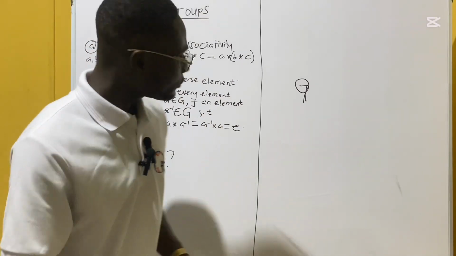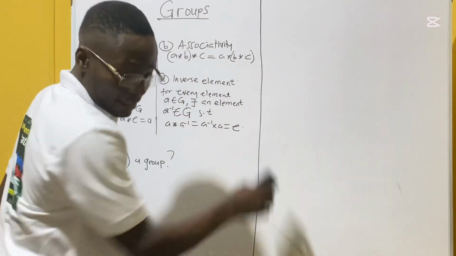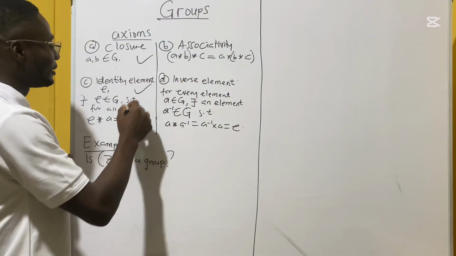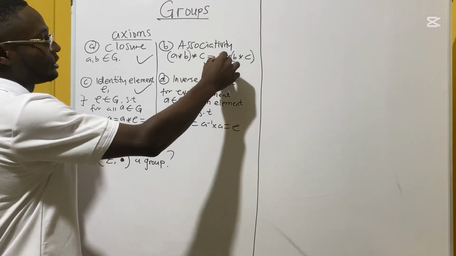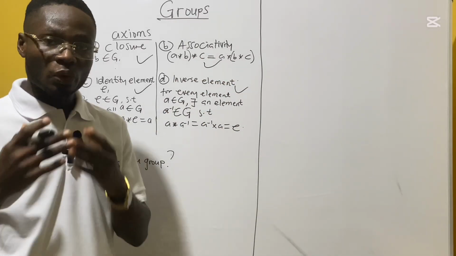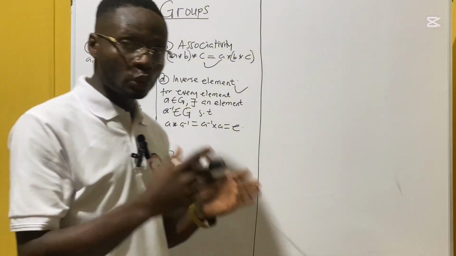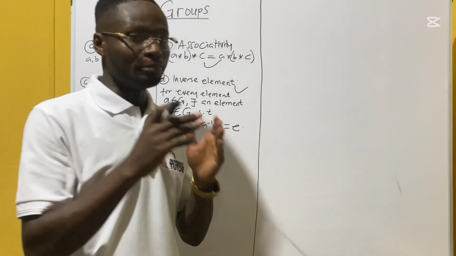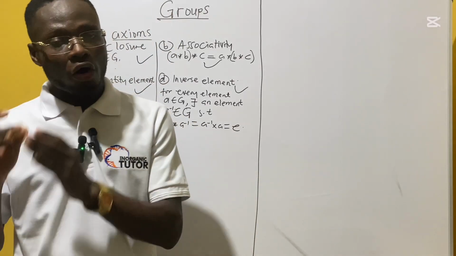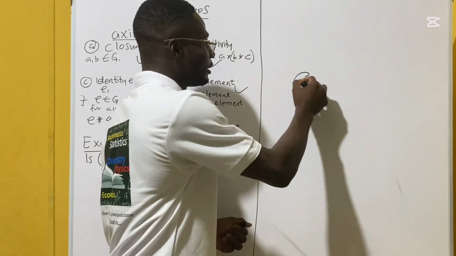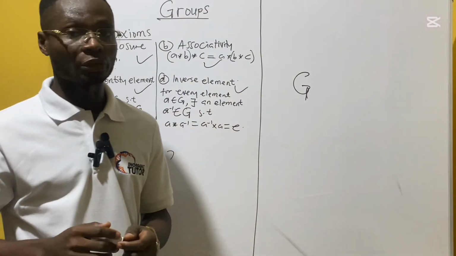These are the properties right here: the closure, the identity, the associativity, and the inverse element. With the closure, if you pick any two elements, let's say an element A and element B, they should both belong to G, which is the group.